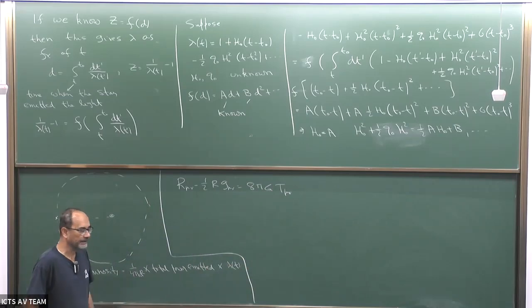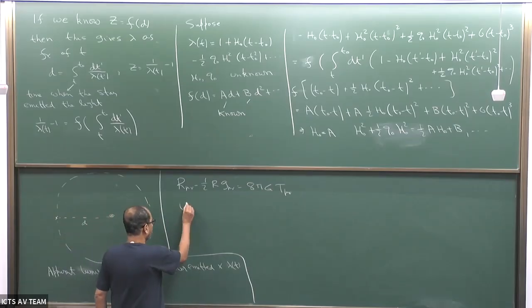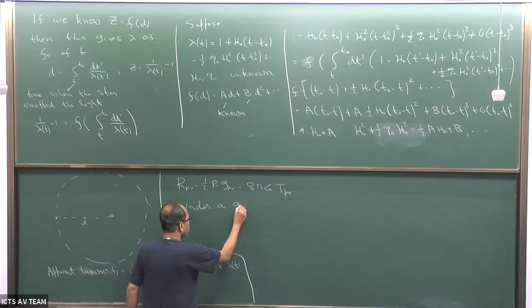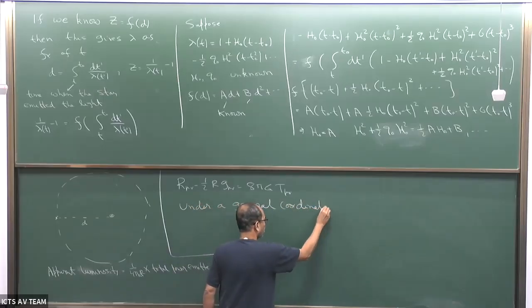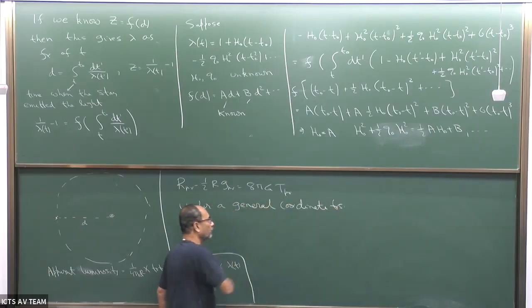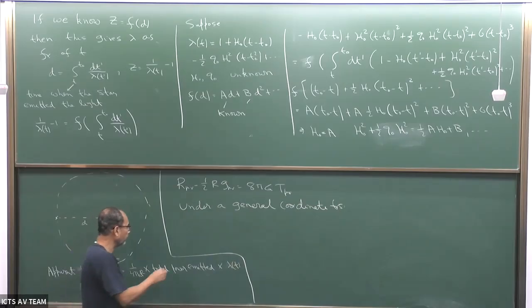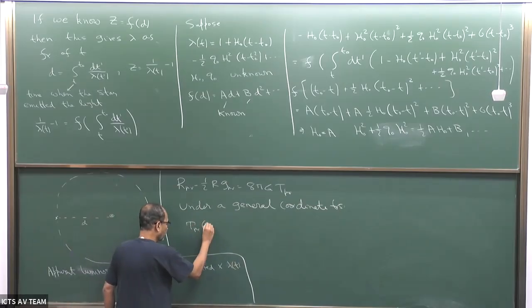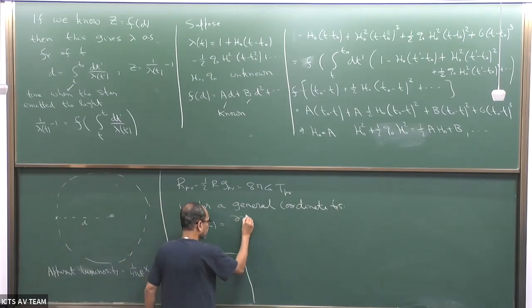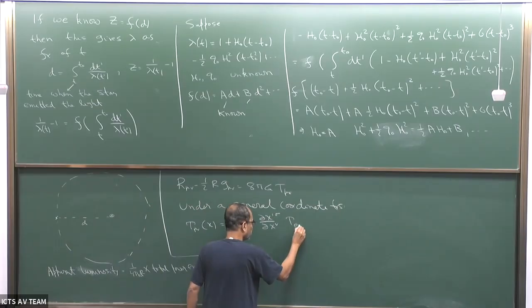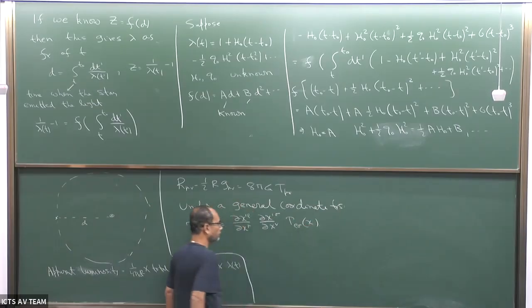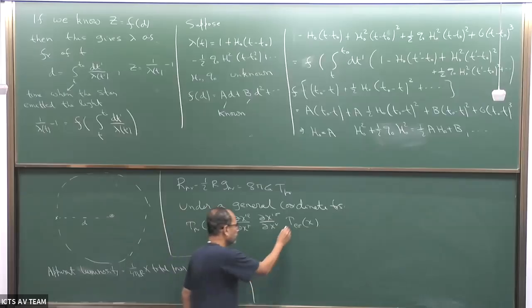So now what do you mean by you will determine it from symmetries? Okay, the idea is the following. Under a general coordinate transformation, T mu nu transforms as a tensor, so you know how T mu nu should transform, and so we can write T mu nu of x as T prime rho sigma of x prime.